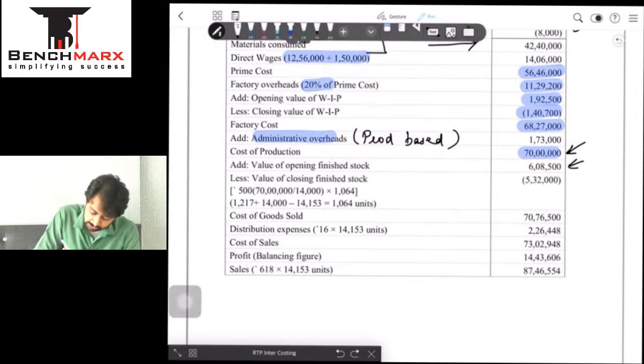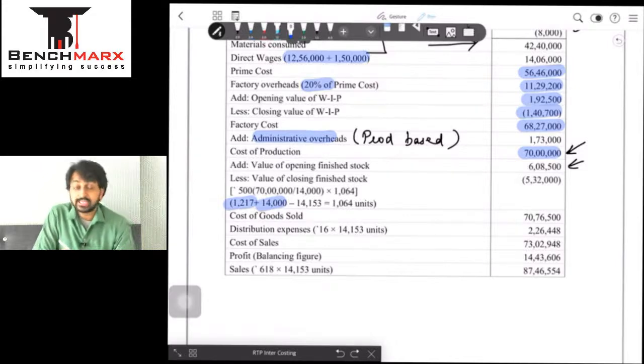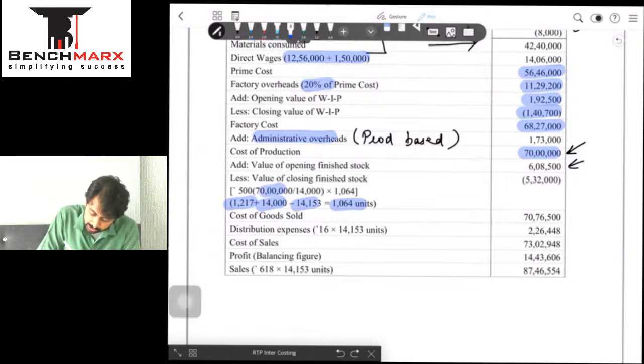My closing stock quantity is nothing but opening, that is this figure, 1217 plus 14,000 production and minus sales. So opening is 1217 plus production minus my sales. This 1064 is going to be my closing quantity of closing stock. So if 70 lakh pertains to 14,000, how much will pertain to 1064?